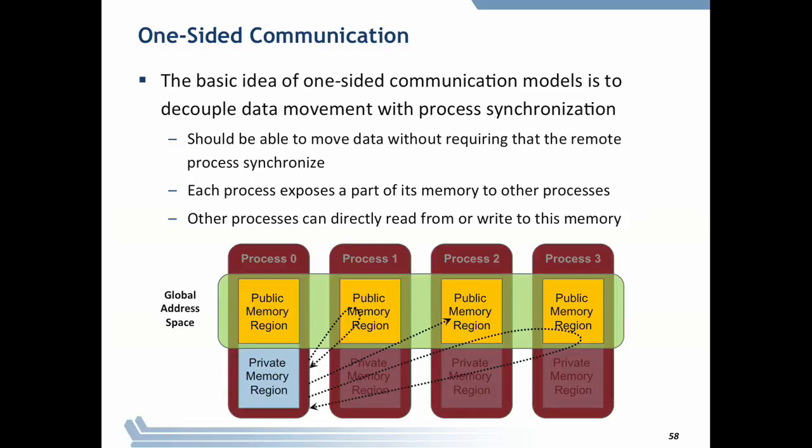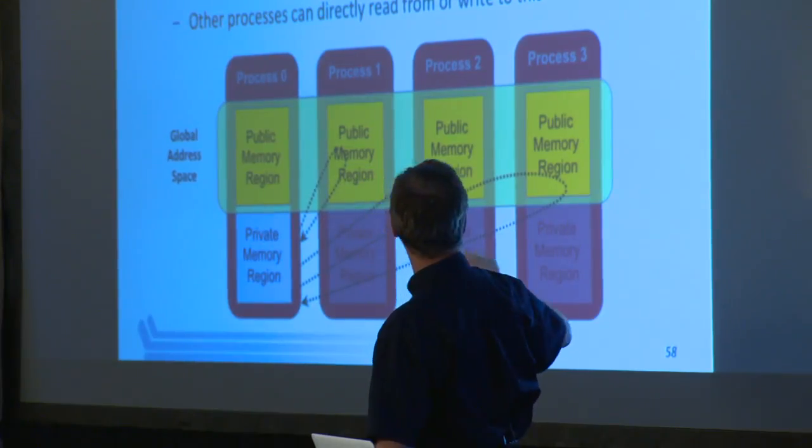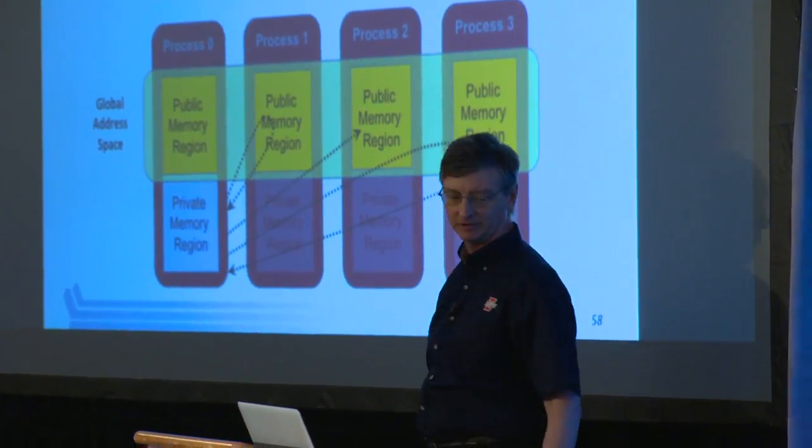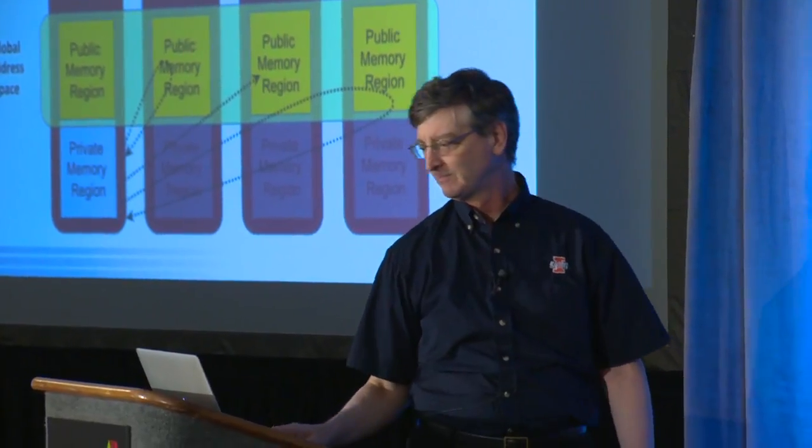This is the case of a put from process zero to process two's public memory region. I might do a get. So get, I have to somehow cause data to come from process one over here, or I might do something else here. This could also be a get, or I could get data, do an update here, and have returned the data that I got.